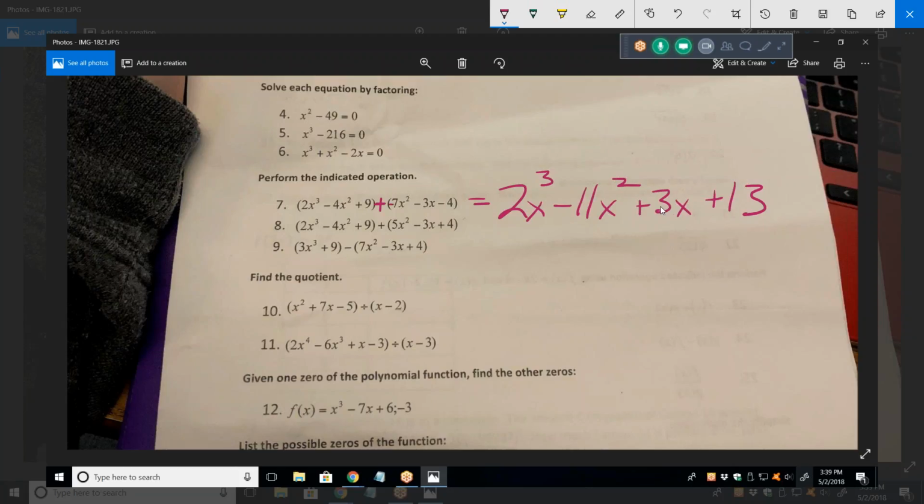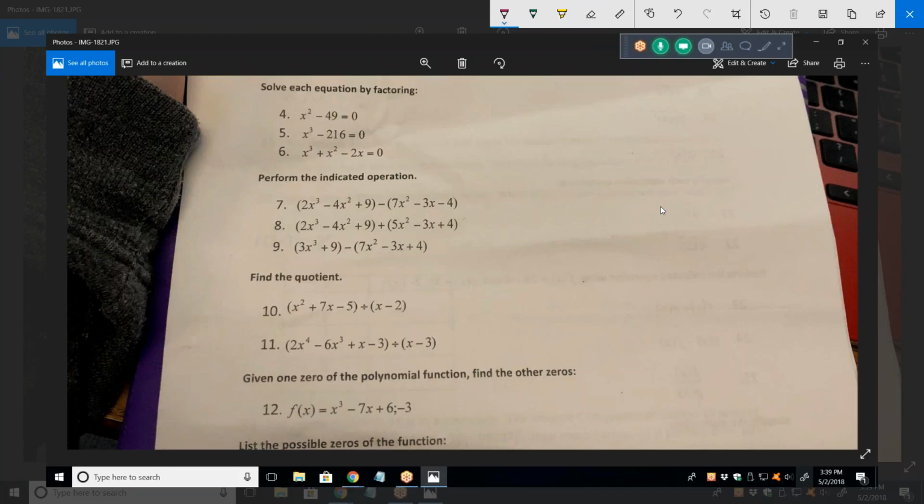So I got to make that a minus 7x squared plus 3x plus 4. And now I can remove the parentheses, all of them, and then just combine like terms. So whenever you have a negative sign like that, number 9, make sure that negative sign gets applied to every term in the parentheses.